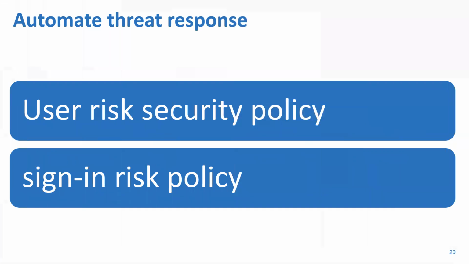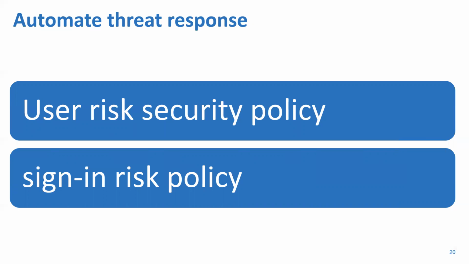Next one is automate threat response. This is again part of Azure AD Plan 2. It's part of identity protection, Azure AD Identity Protection. So earlier, like I said in the first section where I was speaking about strengthening your credential, one of the options we spoke about is reducing or getting the information of a credential leak, right?